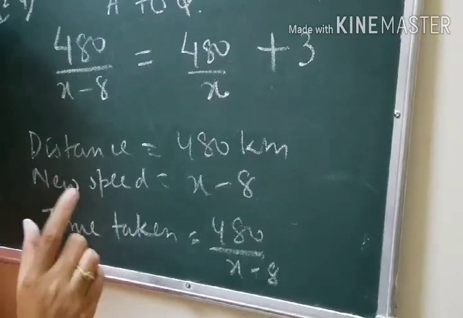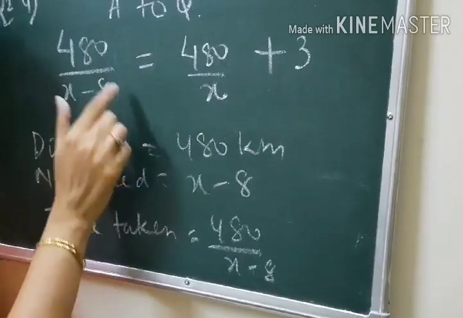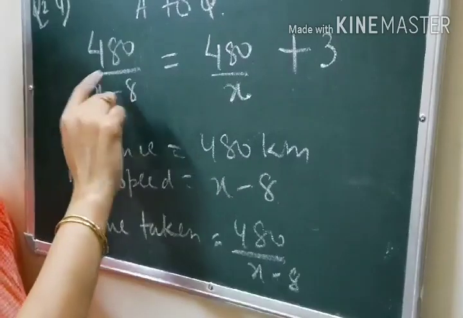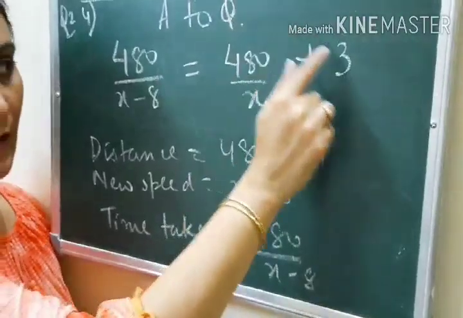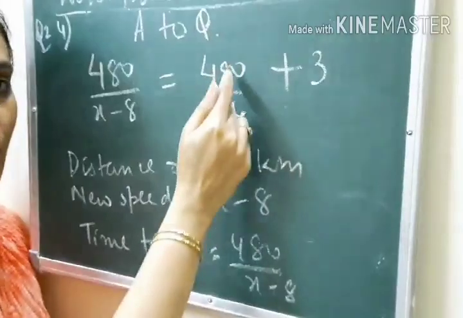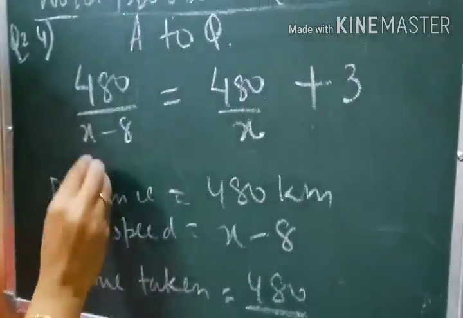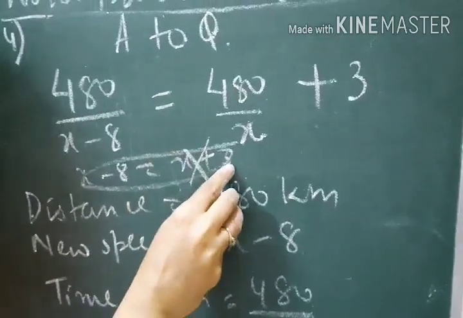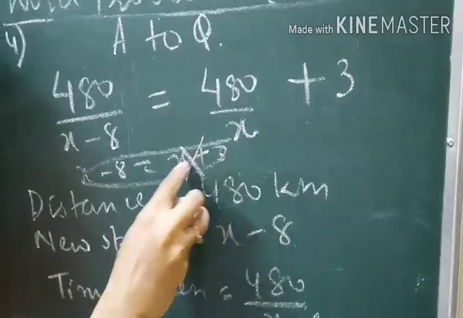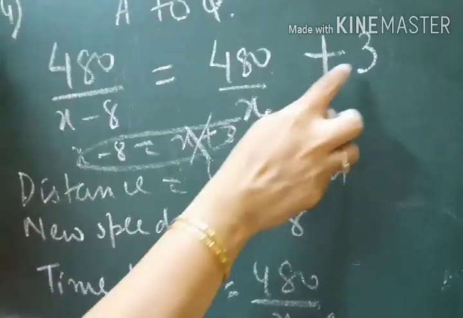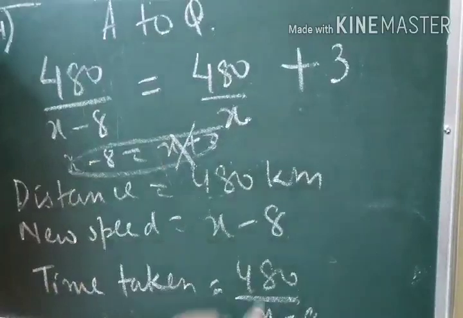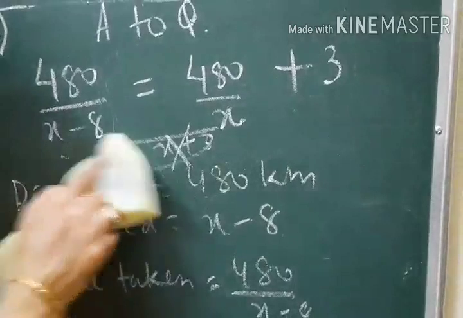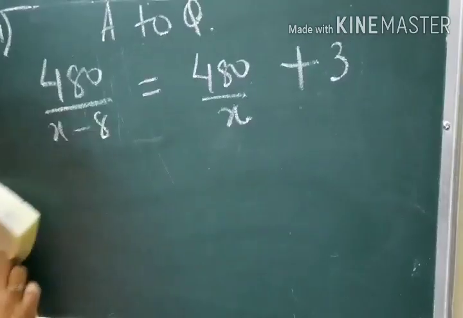A bit difficult, so I am repeating. When the speed was x minus 8, why have I taken this? They are talking about speed, so why am I not writing just the speed? Because I have to add time to it, and time will be added to time only, not to speed. So I cannot write x minus 8 is equal to x plus 3. This will be wrong because this is speed and this is time, and I cannot add time to speed. That is why I previously found the time taken at speed x as well as at speed x minus 8.